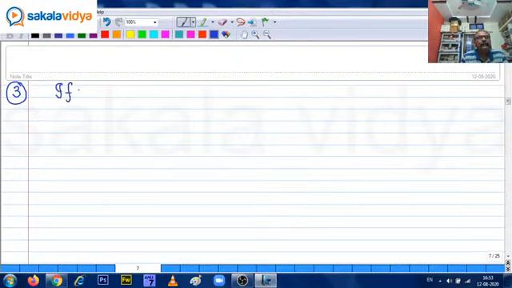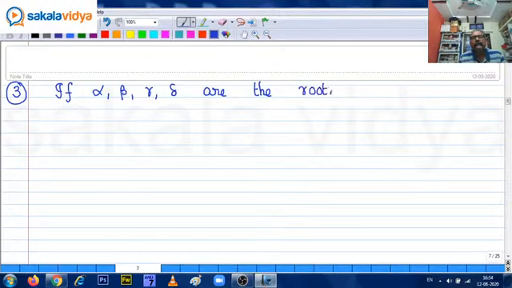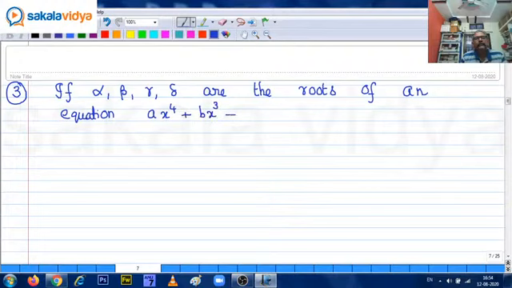If alpha, beta, gamma, delta are the roots of an equation ax to the power of 4 plus bx cube plus cx square plus dx plus e equal to 0, where a does not equal to 0.